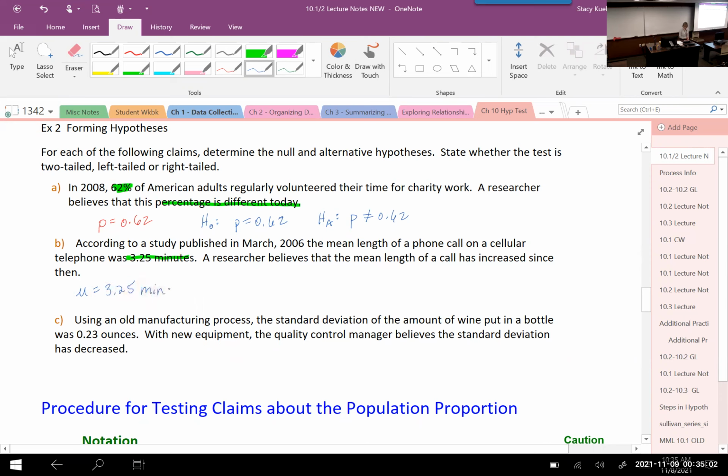And a researcher believes that the mean length of the phone call has increased. Always looking for what the researcher wants to show. So the null is that mu is equal to 3.25, bless you. The alternative is mu is what? Greater than 3.25 because it has increased.